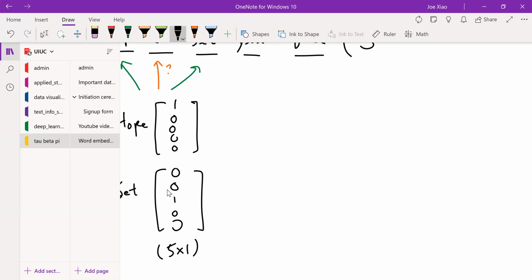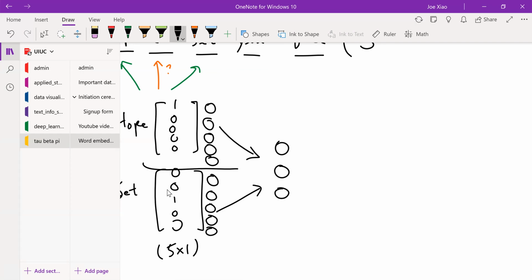We want to encode them into, and if you're familiar with deep learning or deep neural networks, we can consider each element in a vector as input to a neuron, which is represented by these circles here. And we want to encode them into a vector of, let's say, 3 by 1. So we can consider that a neuron layer with 3 neurons.